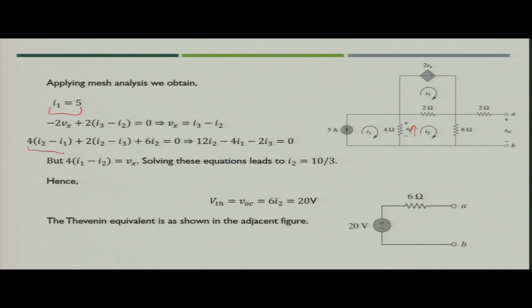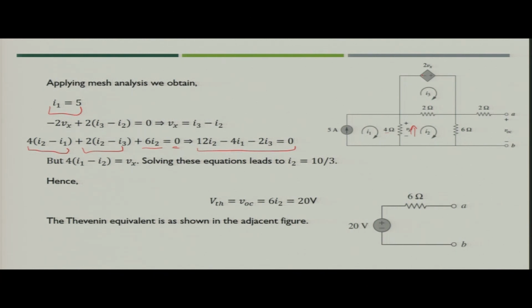So 4 times I2 minus I1 plus 2 times of I2 minus I3 plus 6 times of I2 equal to 0. So the simplified version of this equation would be 12 I2 minus 4 I1 minus 2 I3 is equal to 0. Now let us talk about the mesh number 3.